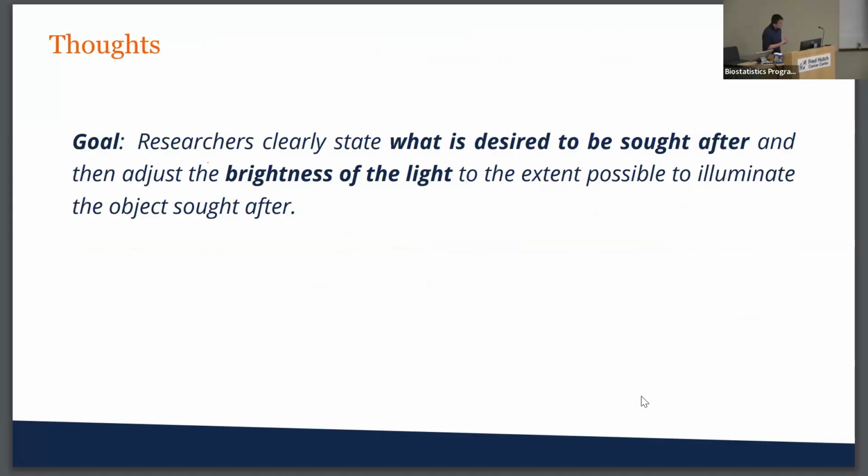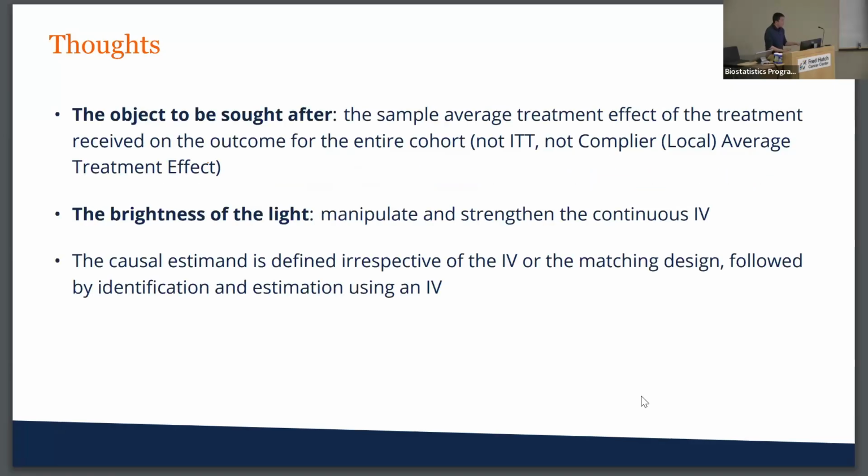Our goal is to see if it's possible to clearly state what is desired to be sought after, and then adjust the brightness of the light to the extent possible to illuminate the object that we are seeking. So what is the object we are actually trying to illuminate?